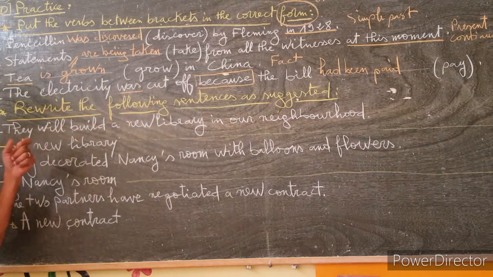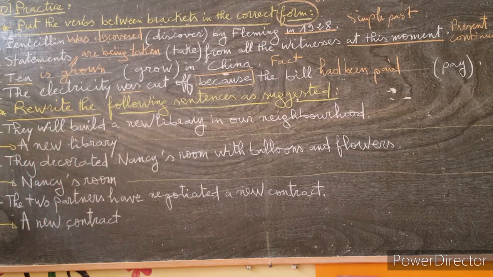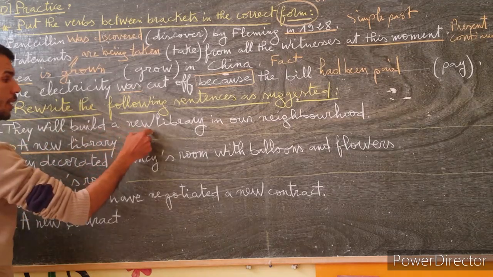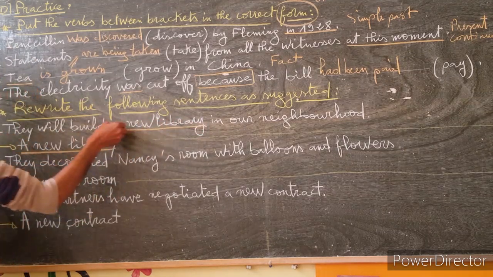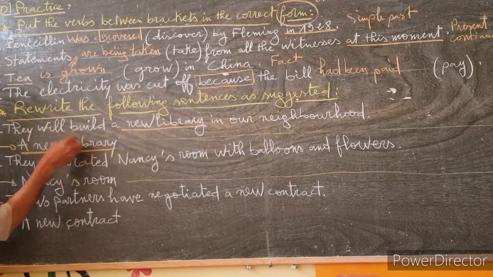It could be conditional if we have if. It could be, for example, reported speech, of course, if we have something like he said that, or he promised, or he ordered, etc. And we could have something like passive voice if we start by the object that is already mentioned in the sentence. Like you have in your library, you have it here already as the object of the sentence.